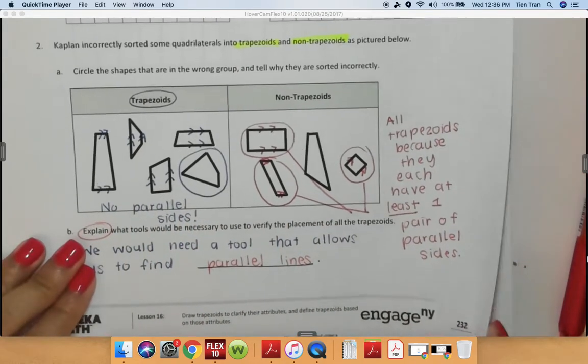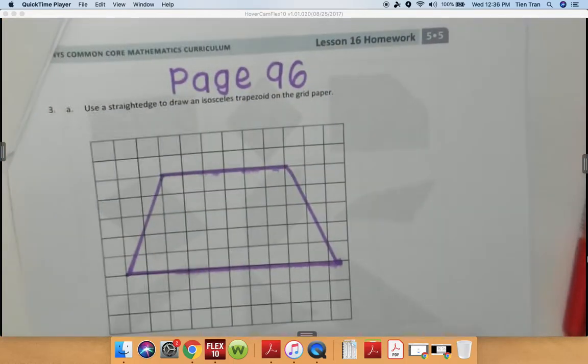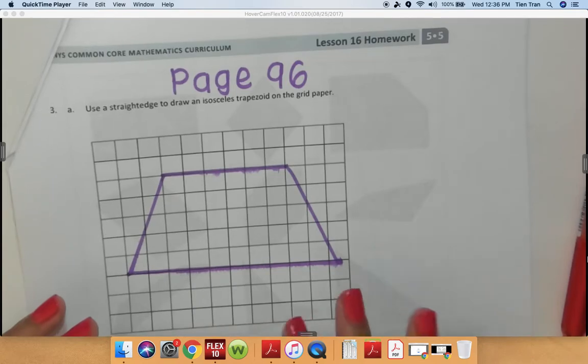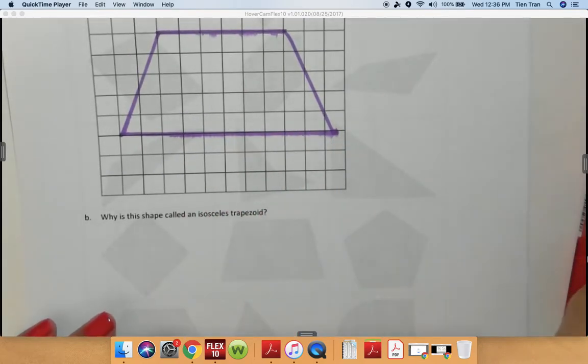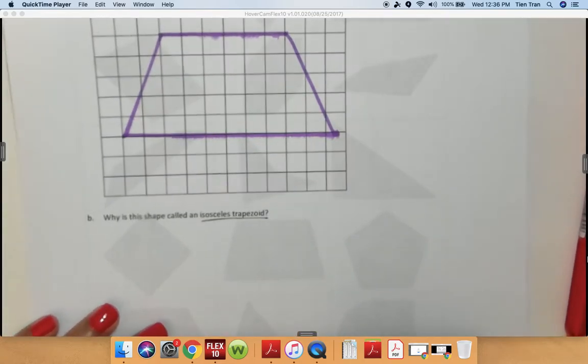Okay, I'm going to turn the page. We are now on page 96. And on page 96, it says use a straight edge to draw an isosceles trapezoid on the grid paper. So I drew my isosceles trapezoid on the grid paper. Now the question states, why is the shape called an isosceles trapezoid?